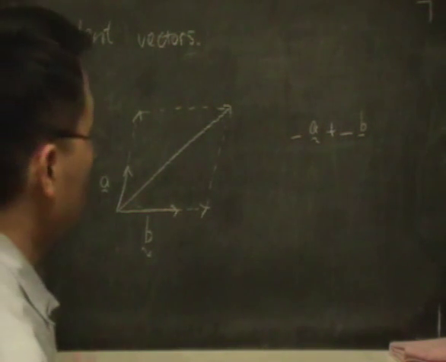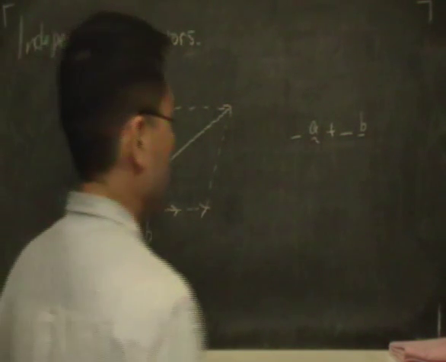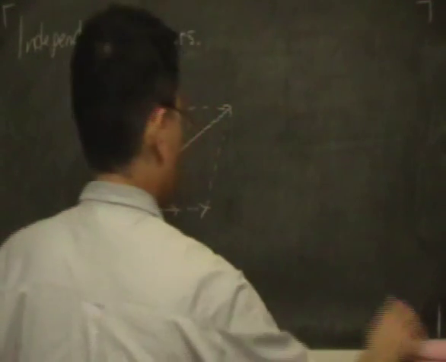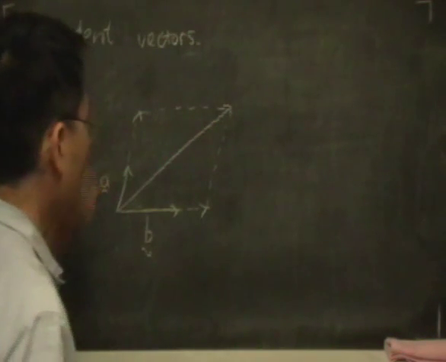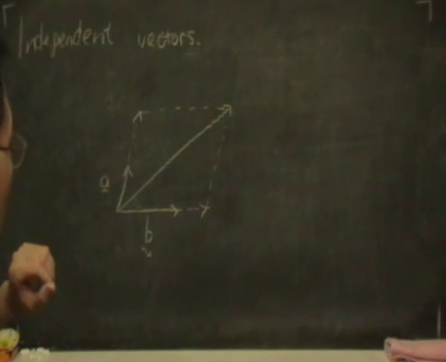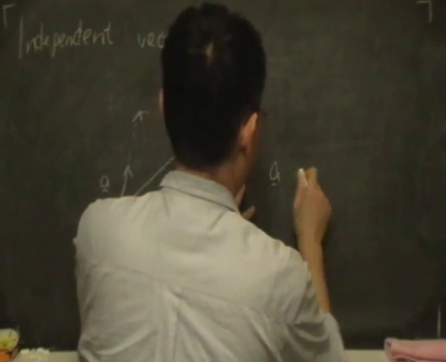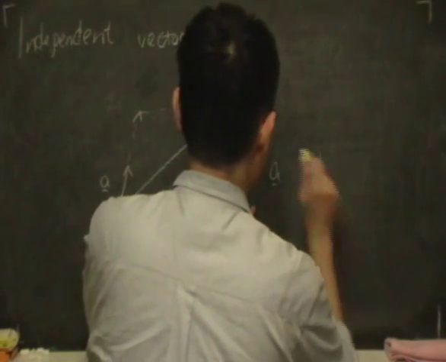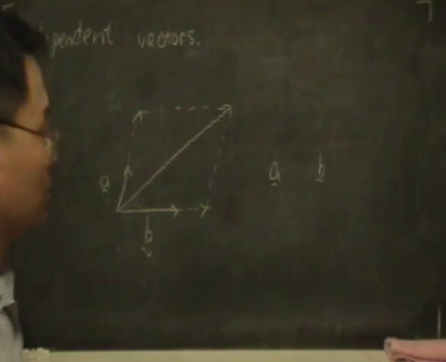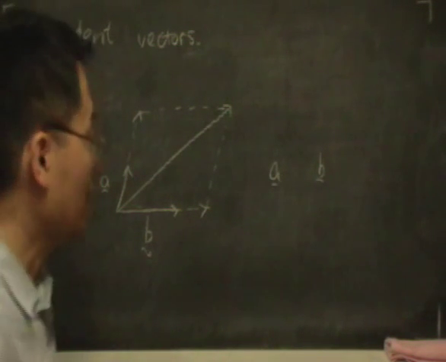So how is this useful? Well, suppose that I think of this combining of A and B by multiplying each of A and B by a certain number. Now suppose that I don't know what the numbers are in the beginning.